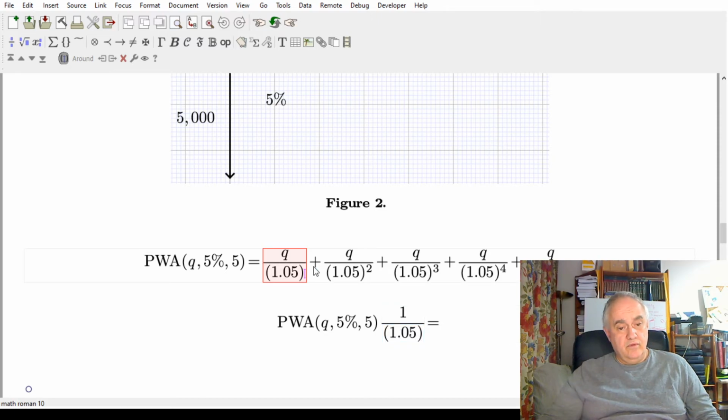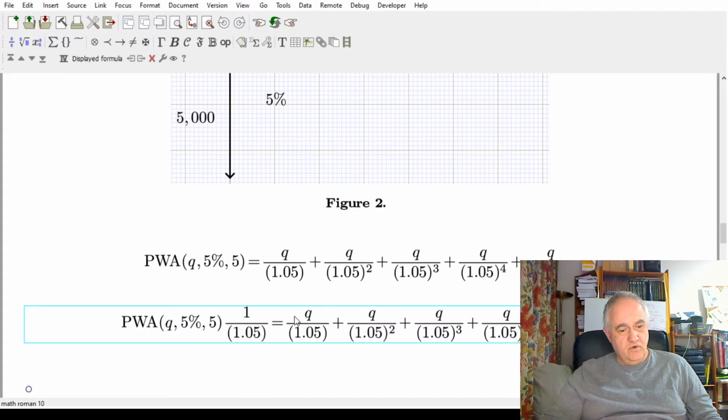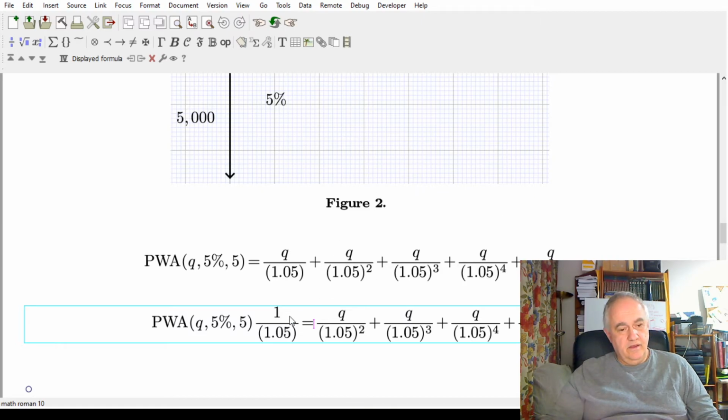Then we just multiply all this expression. So I will just get rid of this because everything has to be enlarged.